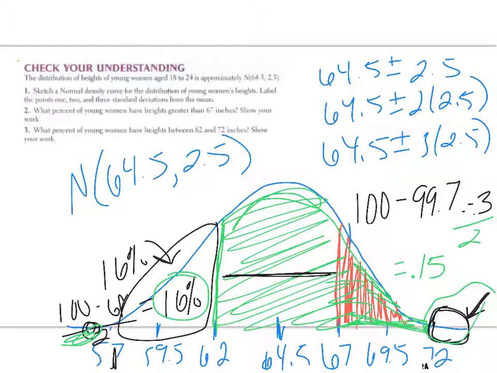So now I can do 100 minus 16 plus 0.15, which is going to give me 83.85% of my young women have a height between 62 and 72 inches.